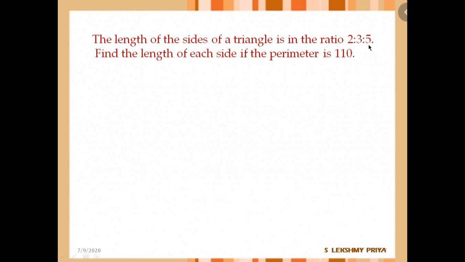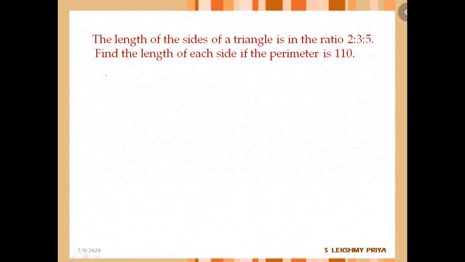Why is it given like this? Because here it is a triangle and they compare the length of the sides of the triangle. How many sides are there for a triangle? 3 sides. So the ratio is given between the length of the 3 sides of the triangle.